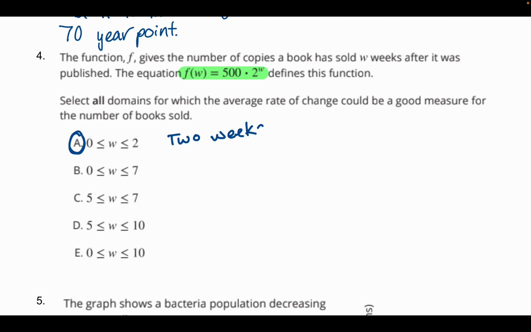This one is a graph, and it shows the bacteria population decreasing exponentially over time. And we have an equation. So we have a big number, and we have 2/3 to the power of h. So this is 100 million times 2/3 to the power of h. That is a second population of bacteria where h is hours since it was measured at 100 million.